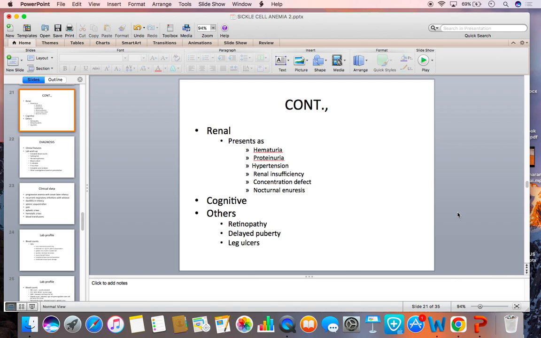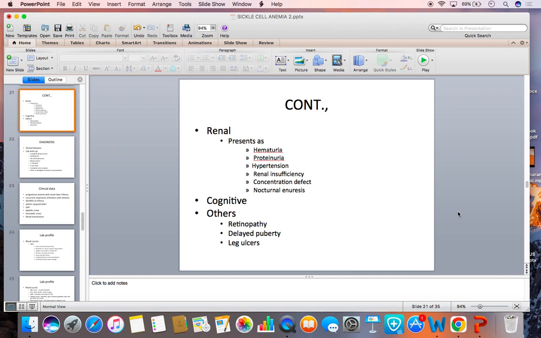Well, coming to renal manifestations. Nephropathy is a late presentation. It may take around 15 years or beyond. Presents as hematuria, proteinuria, hypertension, renal insufficiency, urinary concentration defect, and nocturnal enuresis.